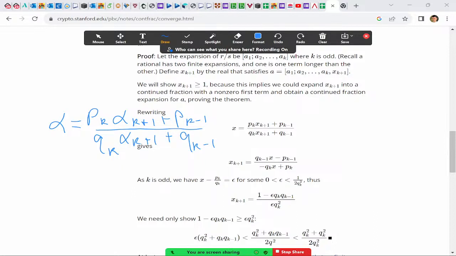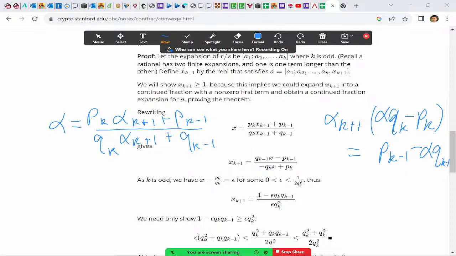Okay, so then I think they solve for alpha_{k+1}. So alpha_{k+1} equals p_{k-1} minus alpha q_{k-1}, over alpha q_k minus p_k, with alpha by itself.